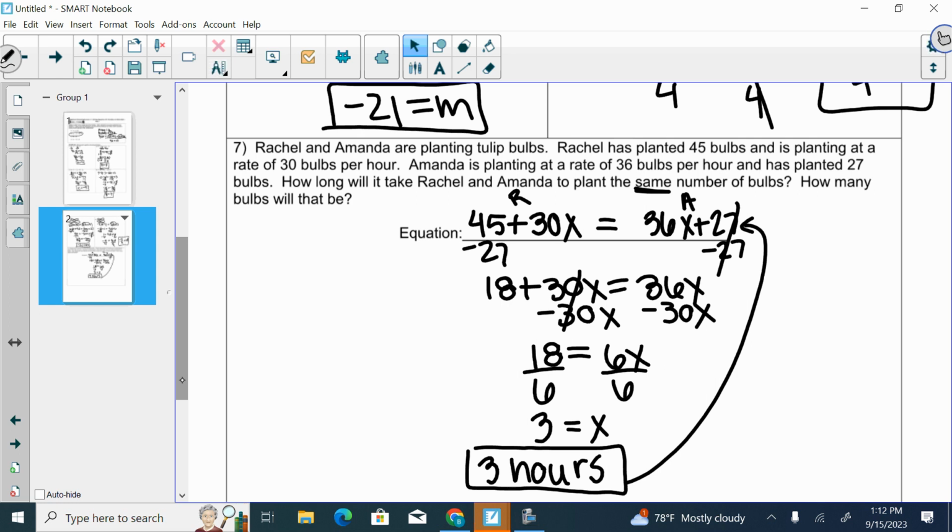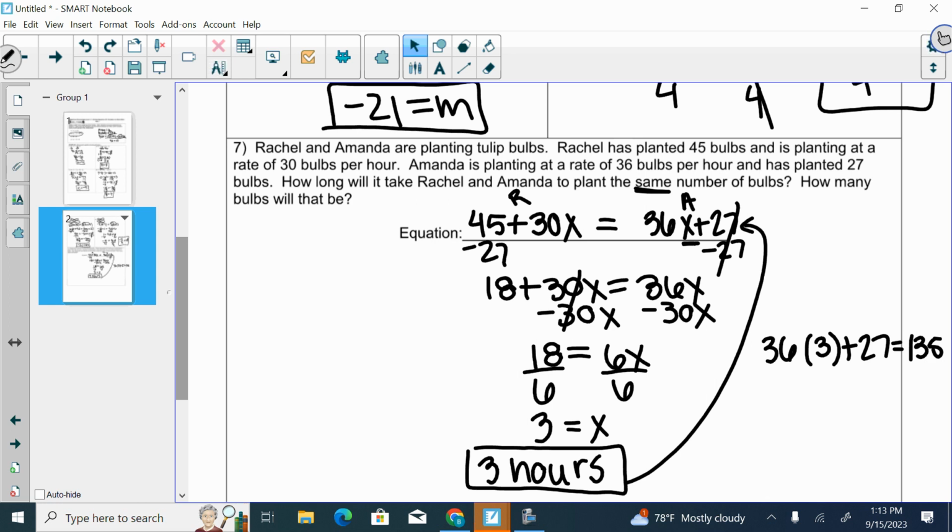Okay, so if I plug it in for Amanda, I'd have 36 times, what am I replacing x with? 3 plus 27. And what is 36 times 3 plus 27? 135. Good.